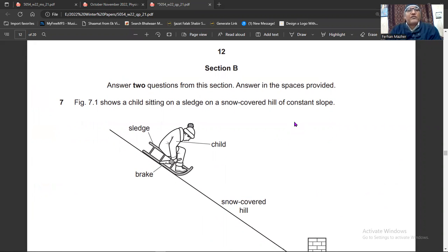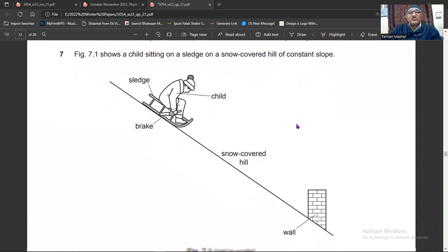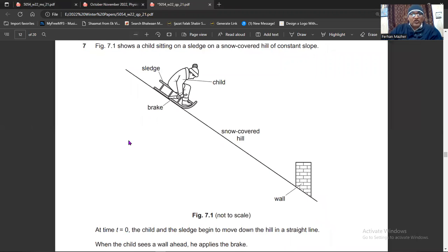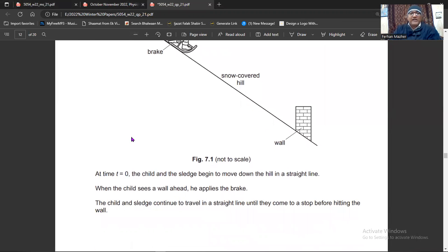It says figure 7.1 shows a child sitting on a sledge on a snow-covered hill of constant slope. So this is the sledge, this is the child sitting on it, these are the brakes, this is the snow-covered hill, and here we have a wall. The question is, at time t equals 0, the child and the sledge begin to move down the hill in a straight line.